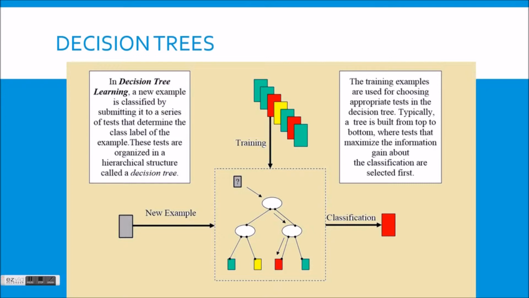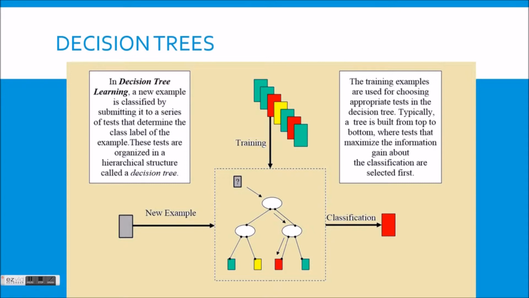Nodes will be connected to other nodes, and there are edges. The edges will have the conditions, and based upon the conditions you will go from the root node to the subsequent node, and then finally to the leaf nodes.